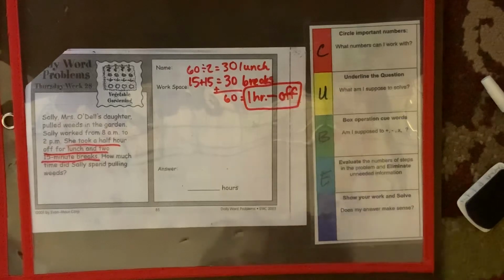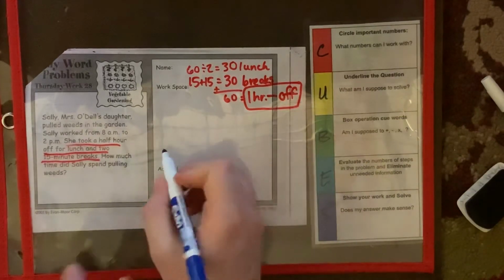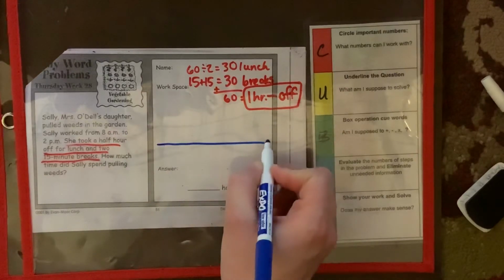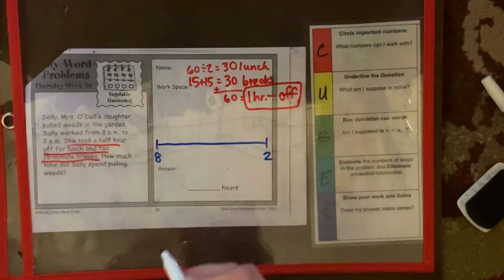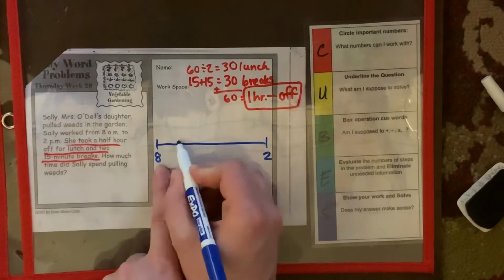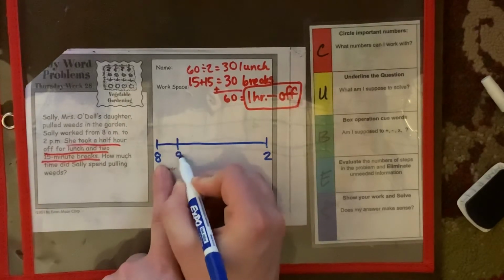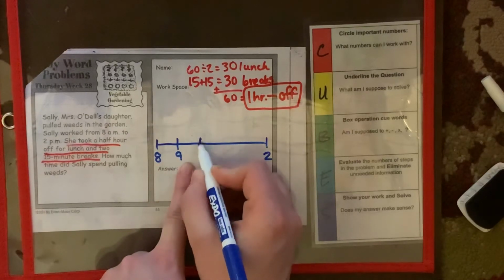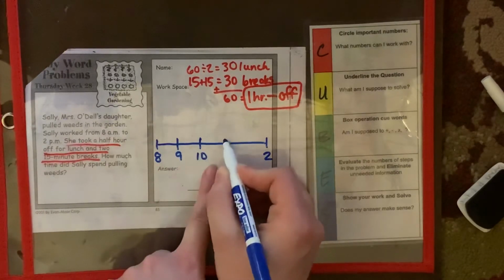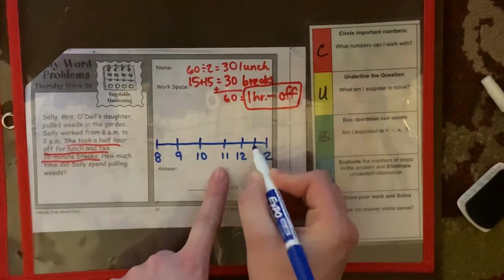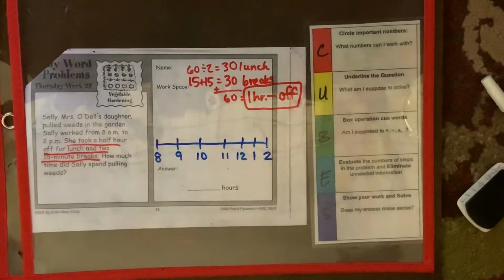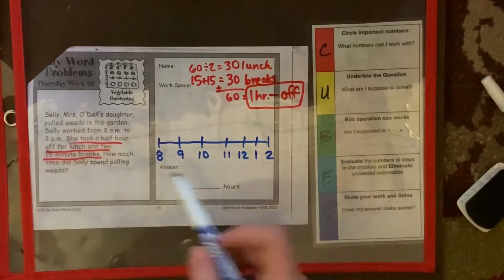Okay, now I'm going to draw our timeline to see how many hours she worked. We're ending at 2, we're starting at 8. So she worked all of 8, we gotta go to 9. All of 9, gotta go to 10, 11, 12, this is not gonna look pretty because it's not even, and 1 to get to 2.